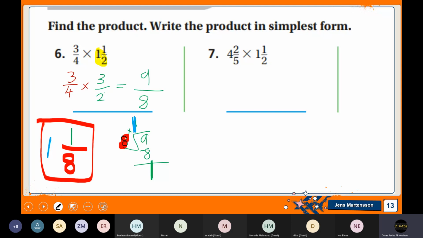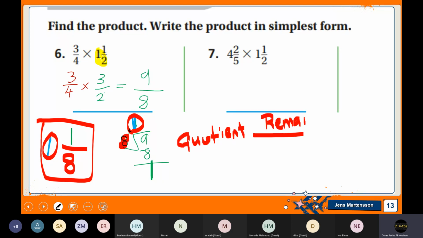Noor, listen, after you divide, the answer, which is 1, you have to write here as a whole number: the quotient as a whole number, the remainder as the numerator and the divisor as the denominator.